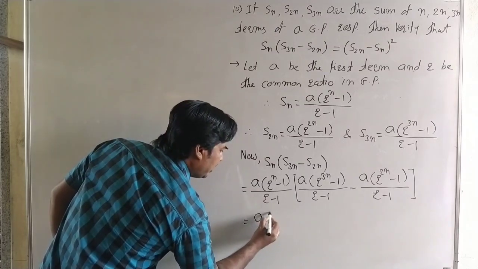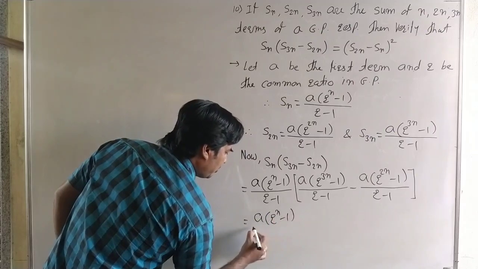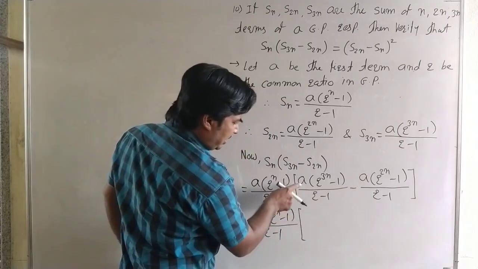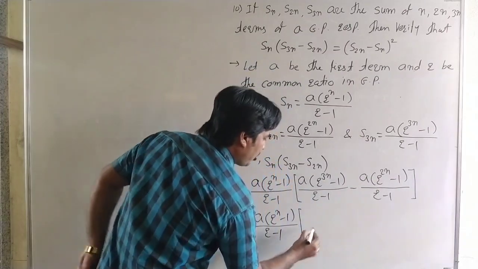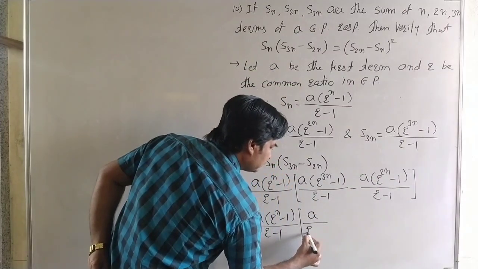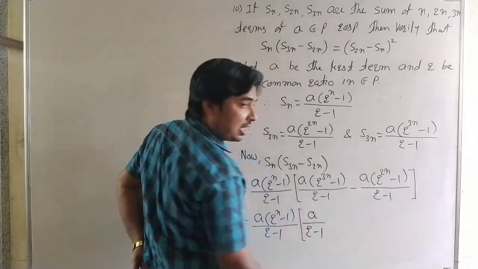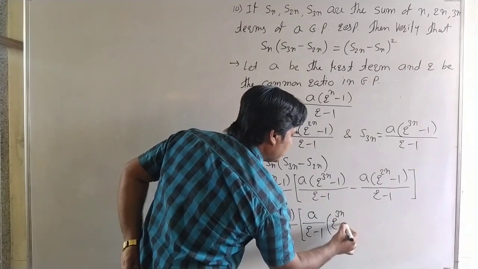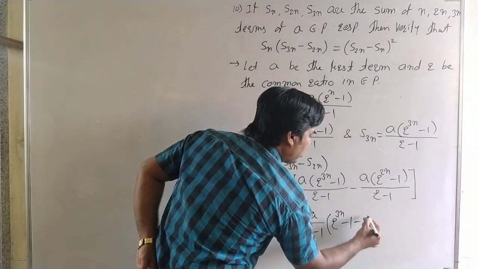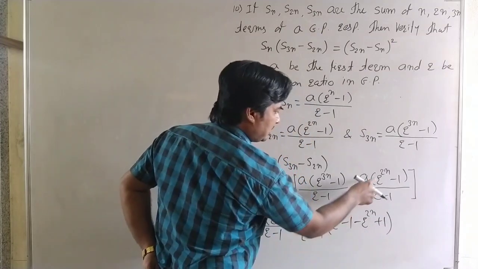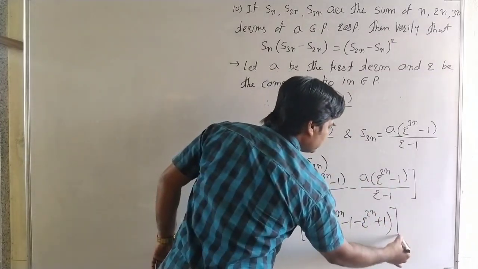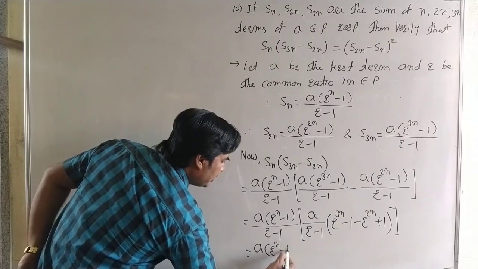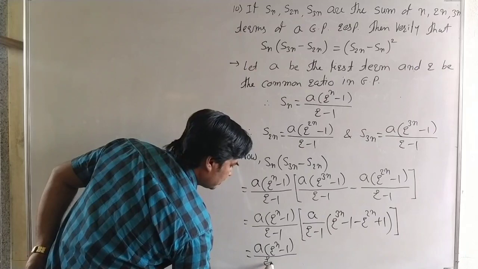Now we calculate. First we calculate this bracket. It is as it is, A into R to the power n minus 1 upon R minus 1, into.